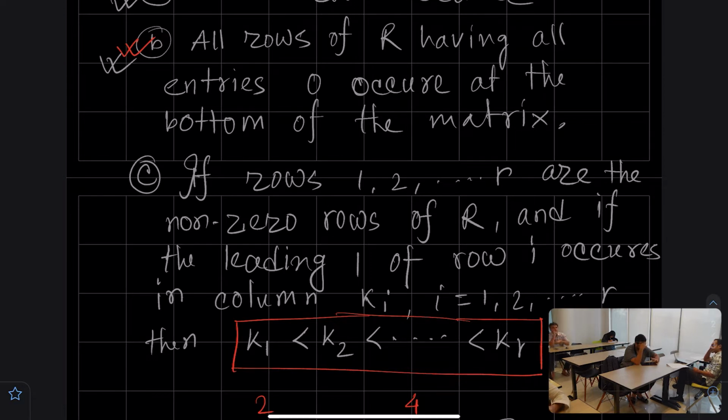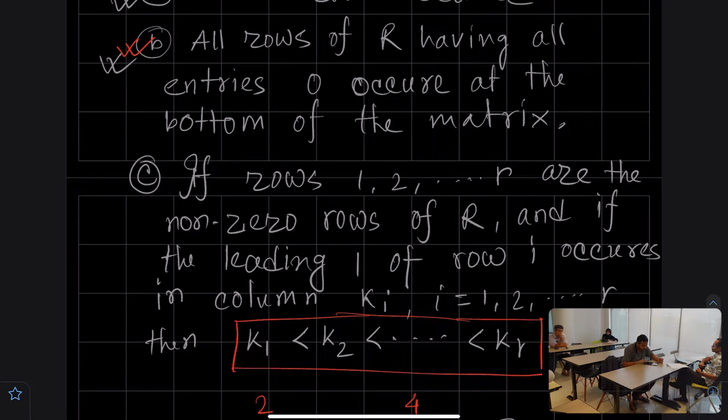So these are examples that clarify your mathematical arguments. Is it clear why it's a row reduced echelon matrix? Yes, because of the definition. If you don't understand it to be a row reduced echelon matrix, it means that you did not understand the definition.